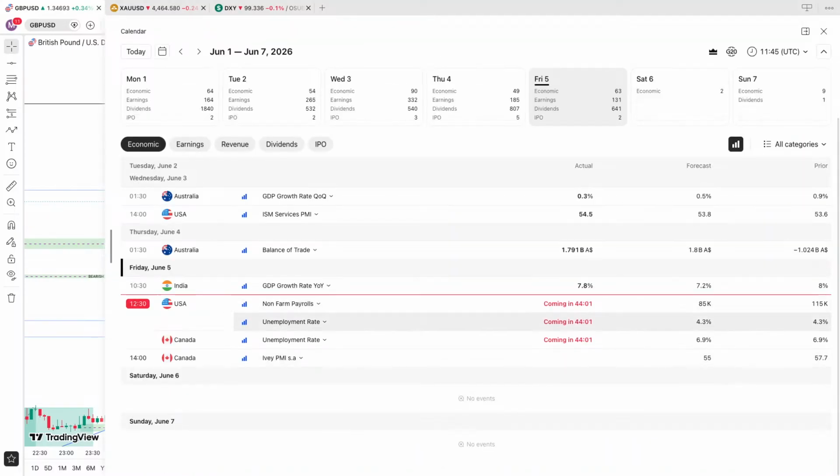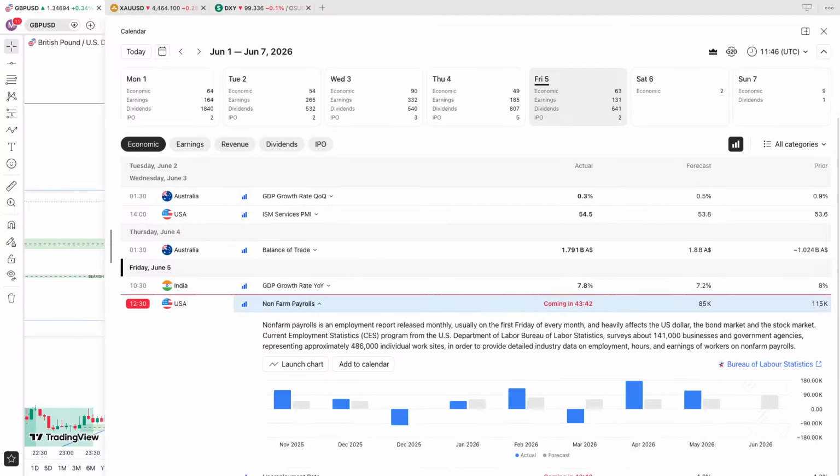We can see here, in the next 44 minutes, we are going to have news coming in from the United States and Canada, with Canada having the unemployment rate and the USA having the NFP. Someone may ask, because some people are new traders, what is NFP?